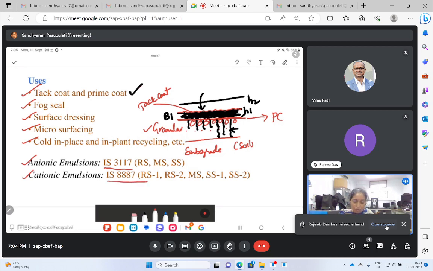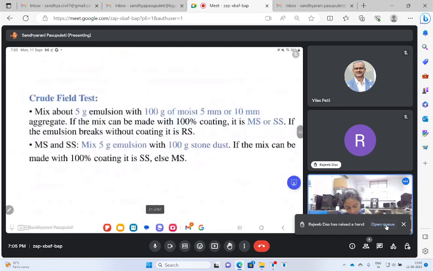Cationic emulsion is the most widely used type of emulsion. There are three types of anionic emulsion: rapid setting, medium setting, and slow setting. As far as the cationic emulsion is considered, there are 5 types of cationic emulsions.